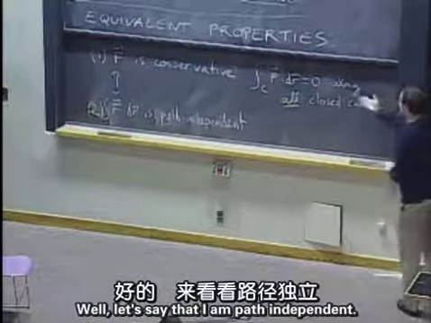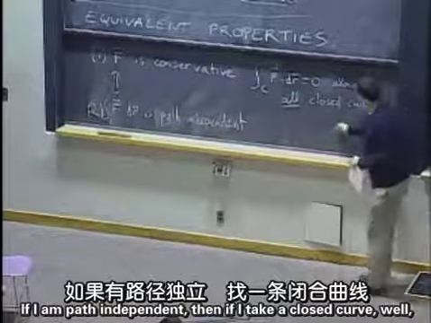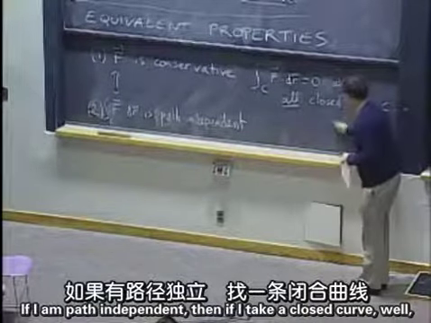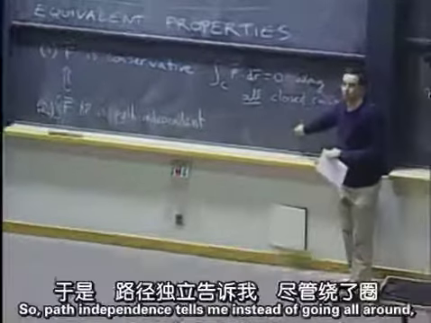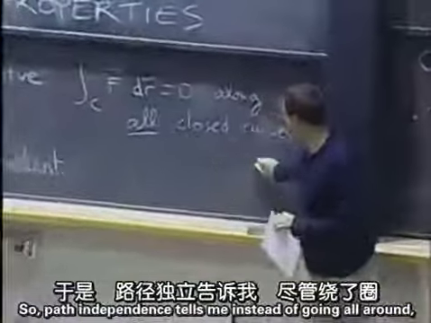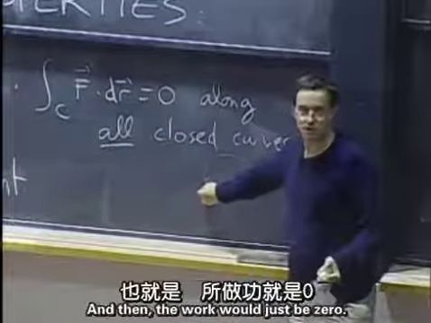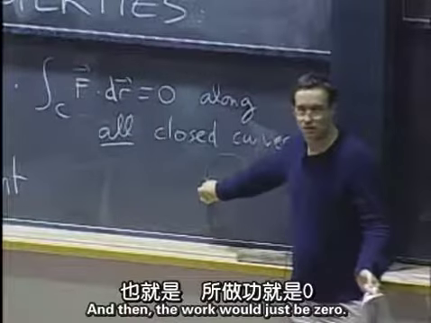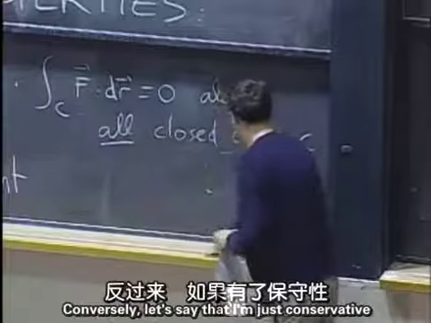Well, let's say that I'm path independent. If I take a closed curve, well, it has the same endpoints as just the curve that doesn't move at all. So path independence tells me instead of going all around, I could just stay where I am, and then the work would be just 0.